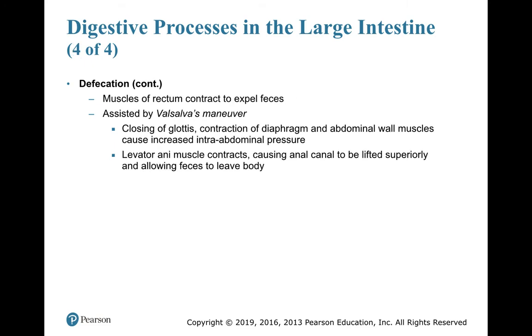Muscles in the rectum will contract to expel the feces, and that is assisted by Valsalva's maneuver, which we've gone over before, where you close the epiglottis, contract the diaphragm and the abdominal wall muscles, increasing intra-abdominal pressure. And then the levator ani muscles contract, causing the anal canal to be lifted superiorly and allowing the feces to leave the body.